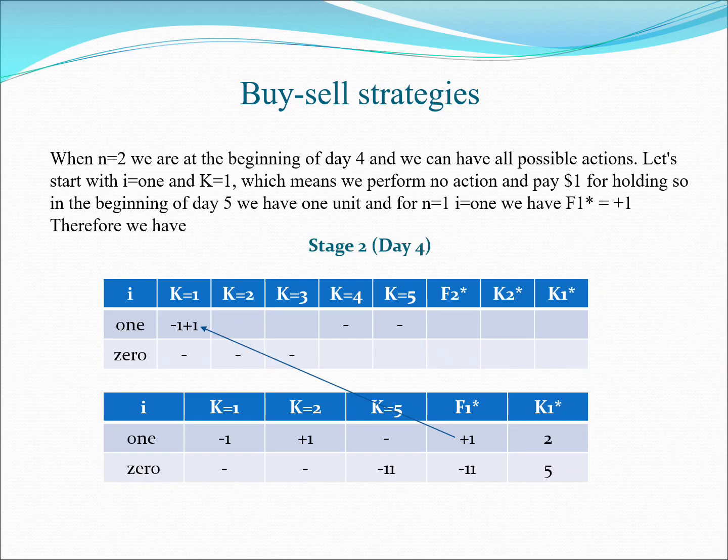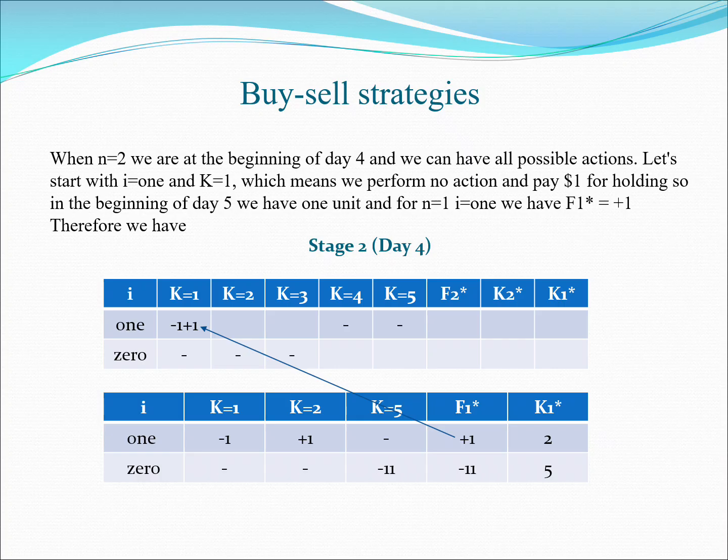When N equals 2, we are at the beginning of day 4, and we can have all possible actions. Let's start with I equals 1 and K equals 1, which means we perform no action and pay $1 for holding. So in the beginning of day 5, we have 1 unit, and for N equals 1, I equals 1, we have F1 equals plus 1.